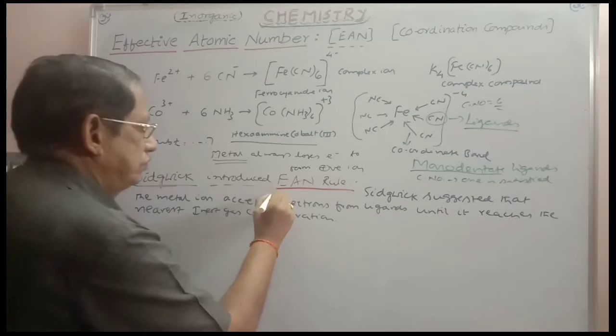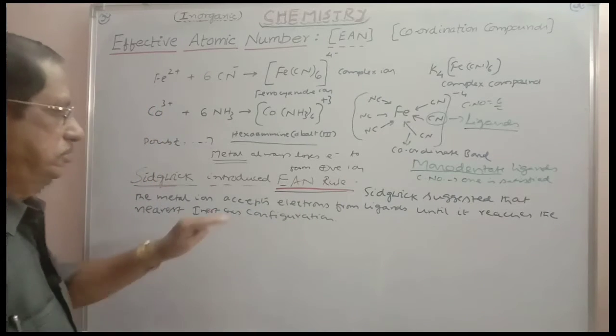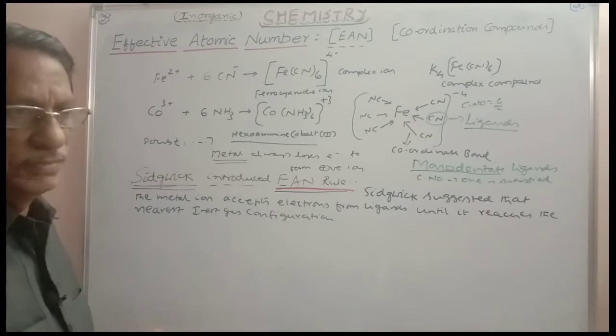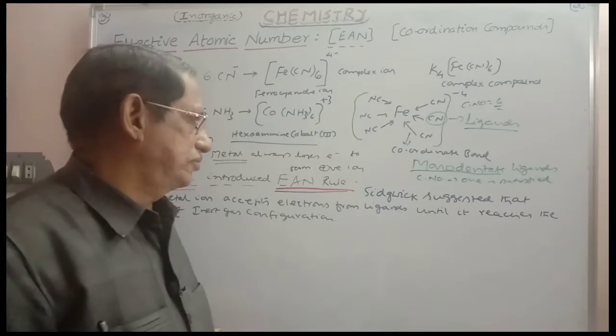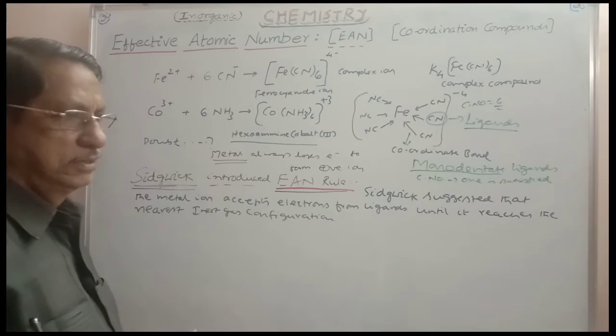In this way, the effective atomic number rule was introduced by Sidgwick. Why is the metal ion in a complex ion able to accept the electrons from ligands? Okay. Now, how to calculate the effective atomic number?